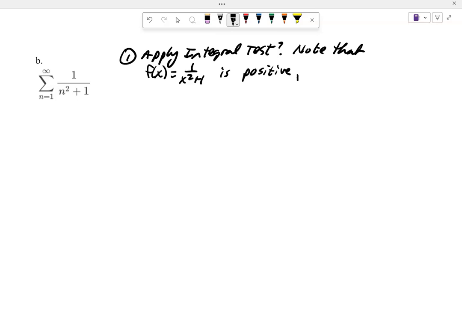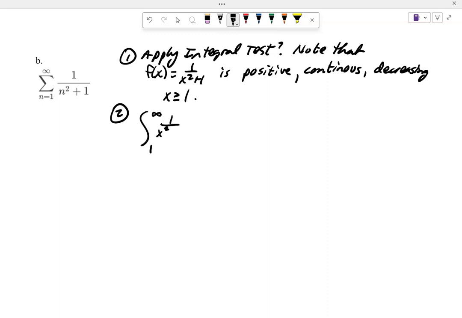It's always positive. It is continuous. There's no breaks from 1 to infinity. And notice it is decreasing as well. Values will decrease for x being greater than or equal to 1. So conditions are met. We can apply the integral from 1 to infinity of the function 1 over x squared plus 1 dx.